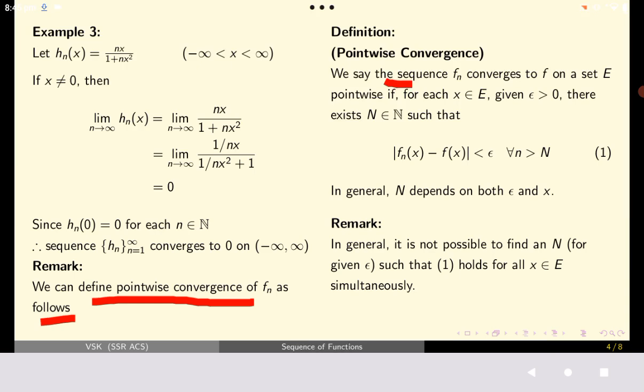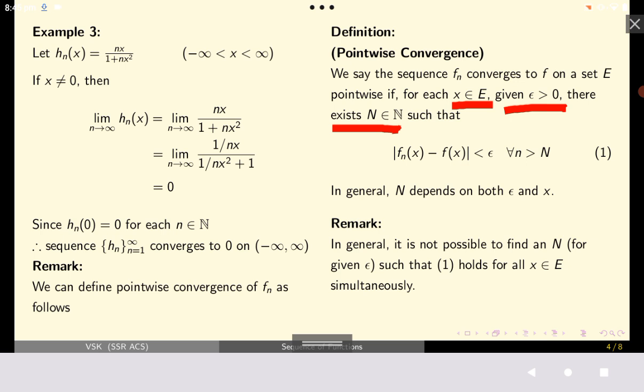We say the sequence fn converges to f on a set E pointwise if for each x belonging to E and given epsilon greater than 0, there exists a natural number N such that modulus of fn(x) minus f(x) is less than epsilon for all n greater than N. In general, this value of N will depend on both epsilon and x.